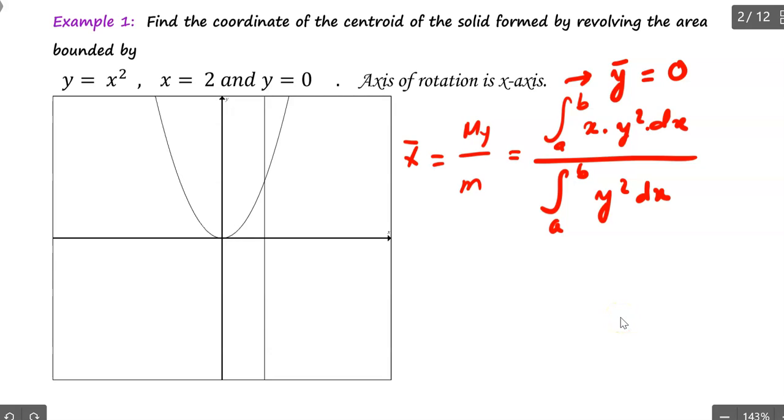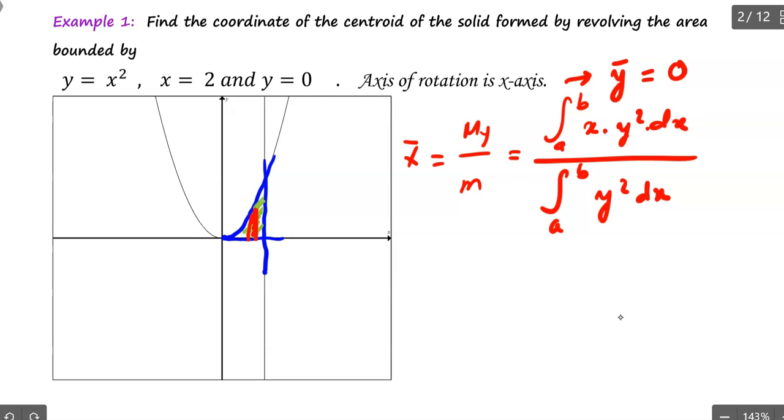So this is y equals x squared as a parabola, and x equals 2 as a straight line. And then the y equal to 0 is the x-axis, so this is the area that I'm working with. Okay, and here is my element.